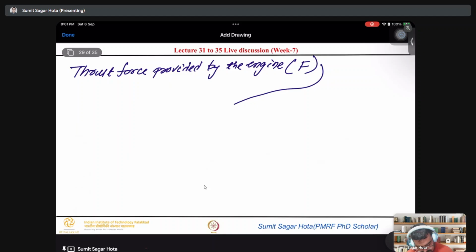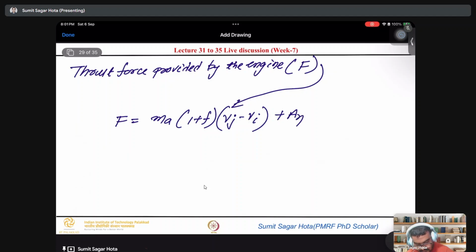F is equal to Ma into (1 plus f) into (Vj minus Vi) plus AN into (Pc minus Pa).